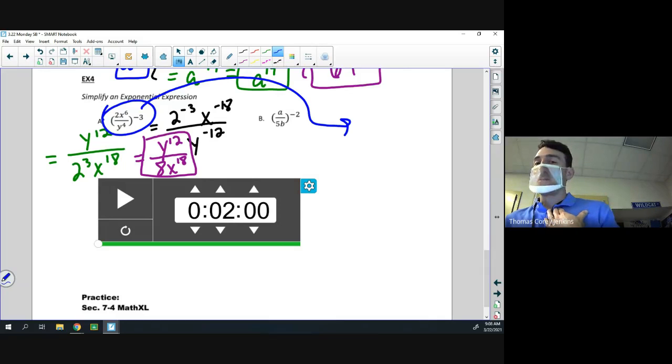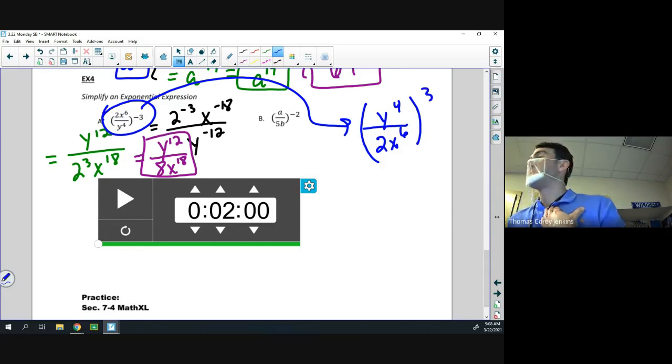So if you flipped everything first, you'd have y to the 4 over 2x to the 6. And then you can raise that to the power of positive 3. So if that makes more sense, you could do that too. You're just doing your flipping first. To me, the way I showed it makes more sense, and that's why I showed it that way, but there is another approach there.